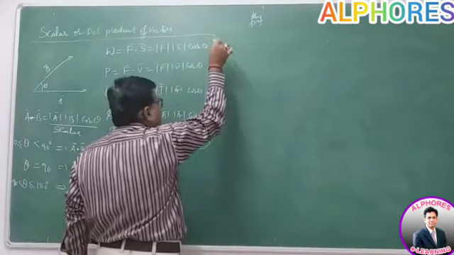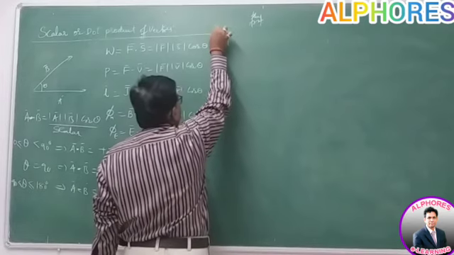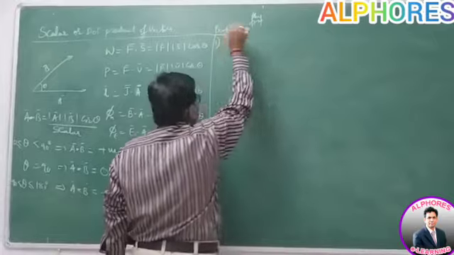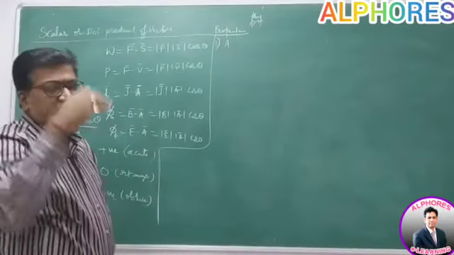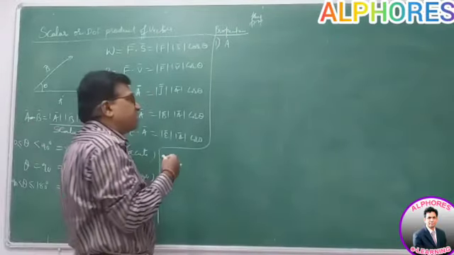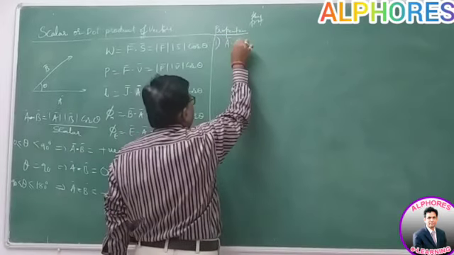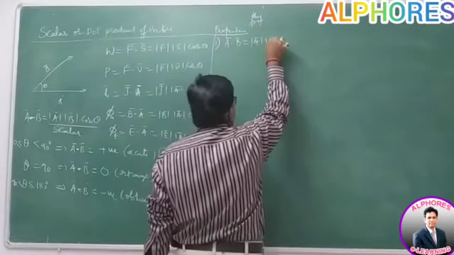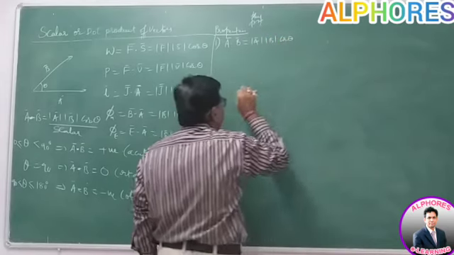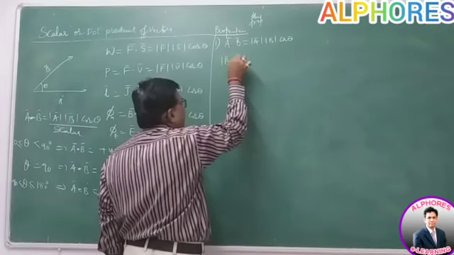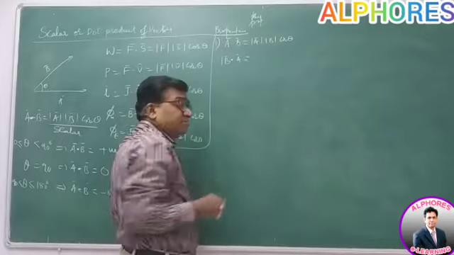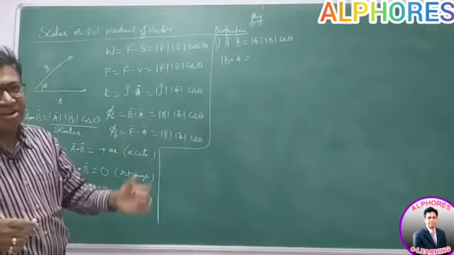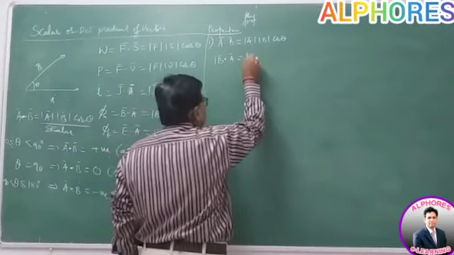First property of the dot product. Dot product of vectors will obey certain properties. There are some standard points which can be defined like this. If I take A dot B, it's mod A mod B cos theta, just how we have defined. What if I take B dot A? Well, it is a scalar, it has no direction, whether it is A dot B or B dot A, the magnitude is the same.